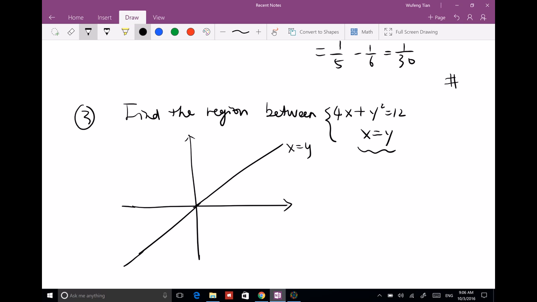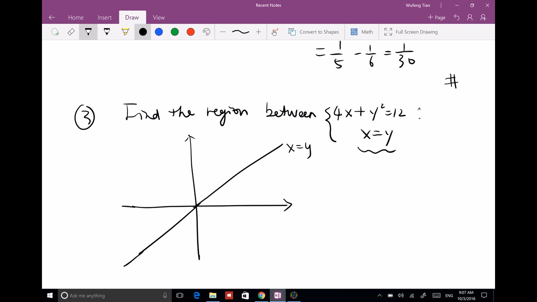Can anyone tell me what is the shape of the first equation? Zijian? Or Lacey? It's almost a line, but it has a curve, and it's like the opposite of x equals y.